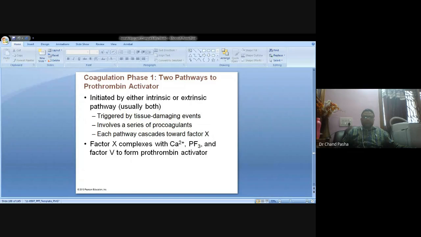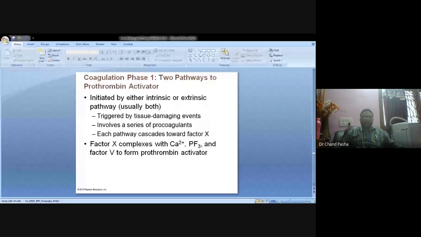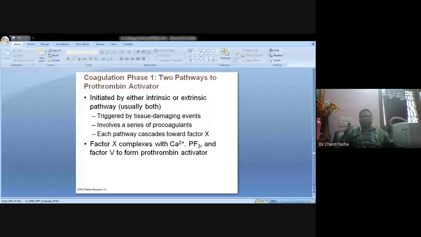And whenever this cyclic AMP comes over there, then many clotting factors, we can call them procoagulants, will be accumulating over there. And what happens? Each pathway cascades toward factor 10. The 10th factor will be accumulated here. This is called the factor 10 complex, which also has calcium and PF3 in it.